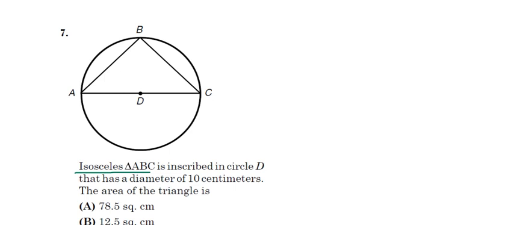Isosceles means this side is equal to this side. The iso, by the way, means equal. So we know this is 45, and this is a right angle. Okay, 45, 45.